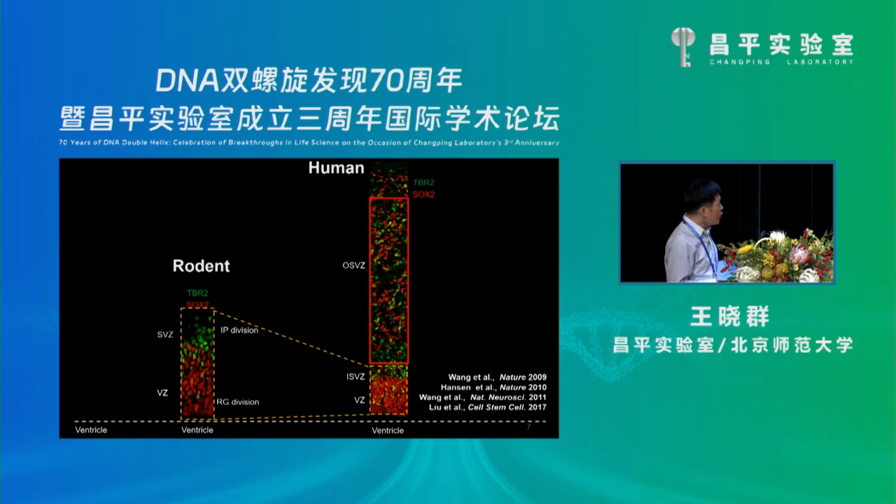But in the OSVZ you can see dramatic expansion, full of SOX2-positive and TBR2-positive cells, which might suggest that in the human the expansion has a different progenitor contributing to it.